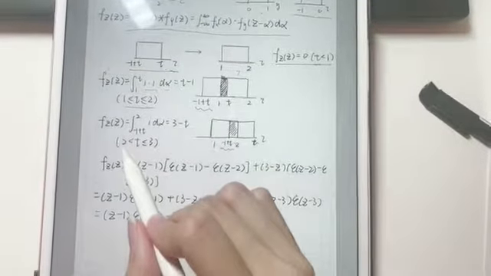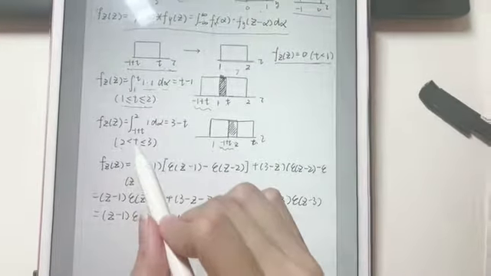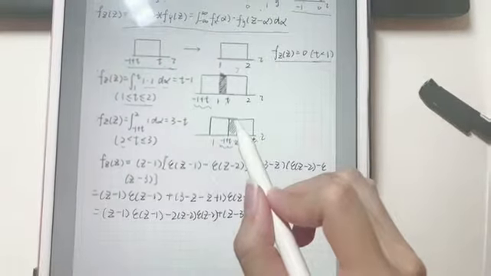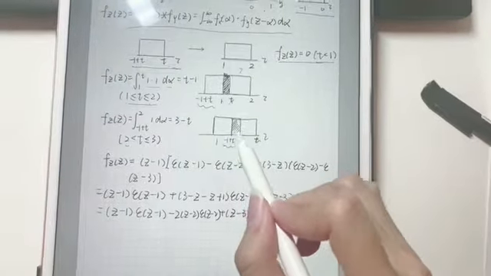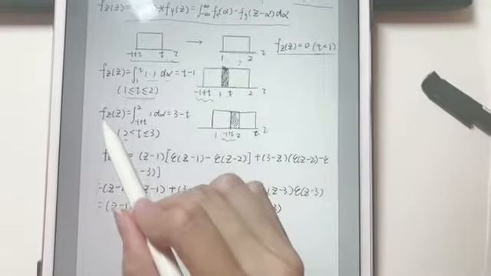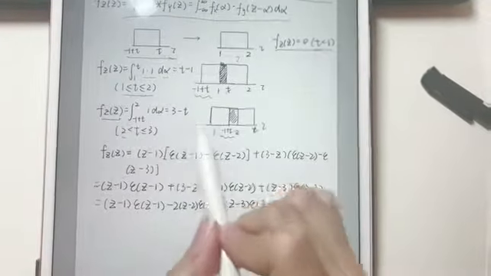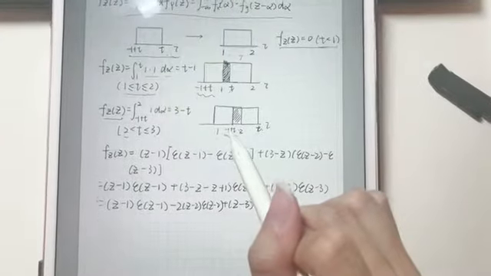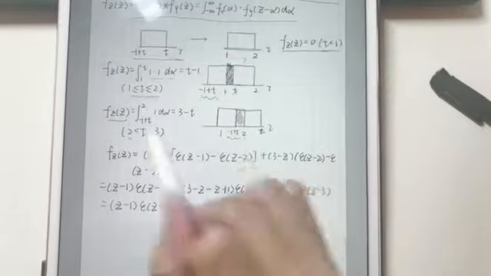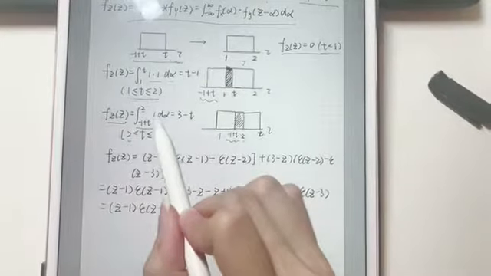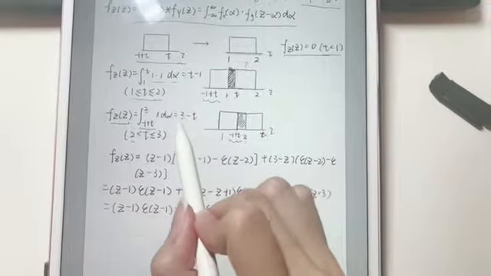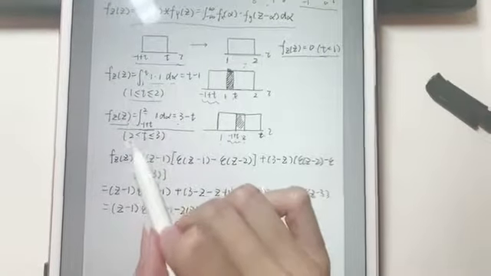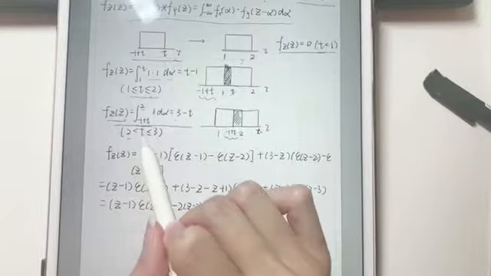So under this situation, t is between 2 and 3, and we can make an integral of this shaded area. We can get the little PDF of fz: an integral from minus 1 plus t to 2, where the value is 1, d alpha. We get the little PDF when t is between 2 and 3.